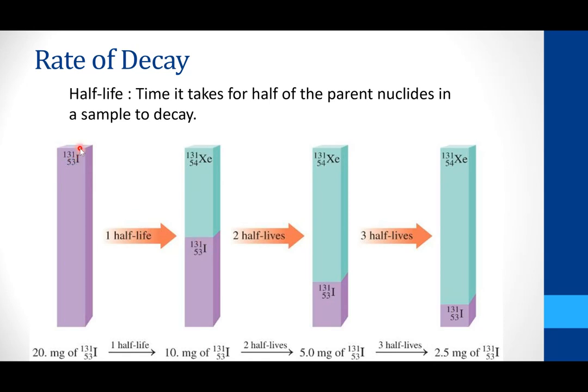So let's say we had 10 grams here. After one half-life, we had 5 grams. And after another half-life, we would have 2.5. So each half-life, whatever is left, half of that disappears. It's not two halves make a whole. It just gets divided by 2 after each half-life.